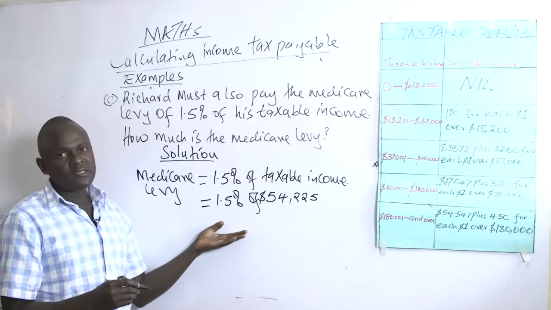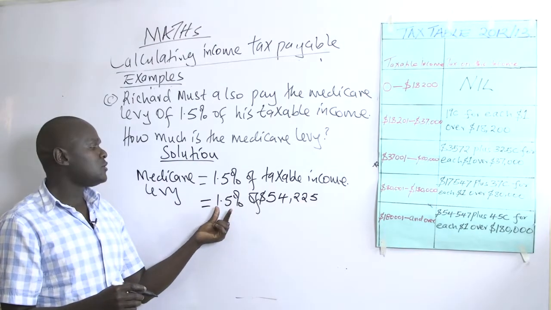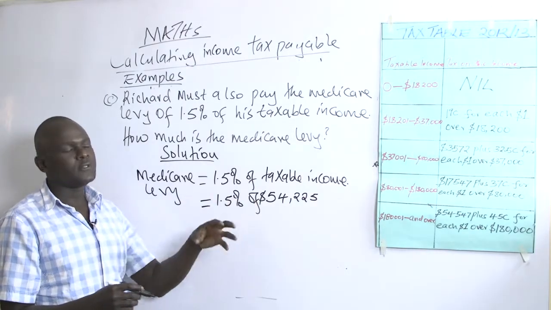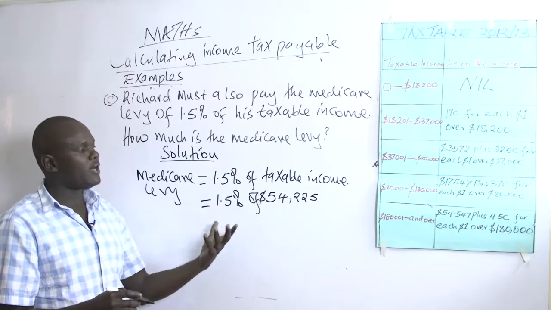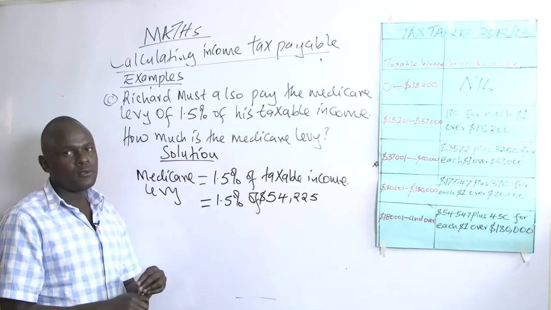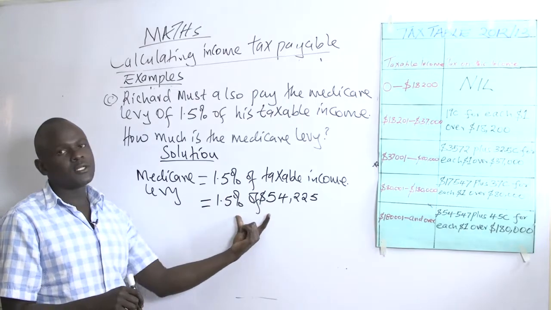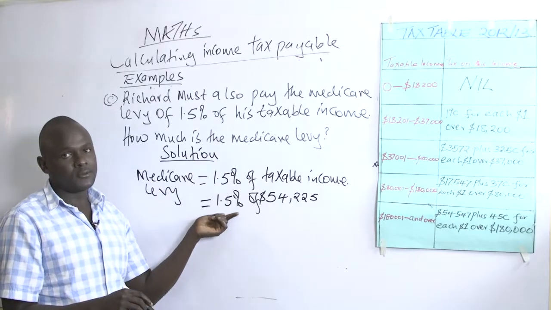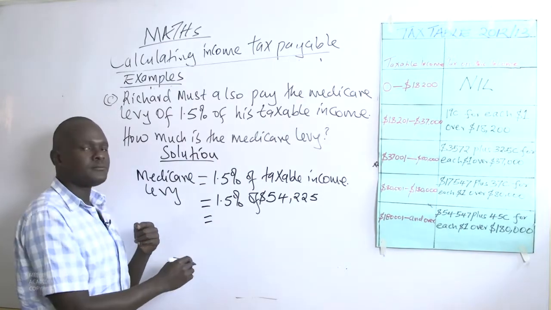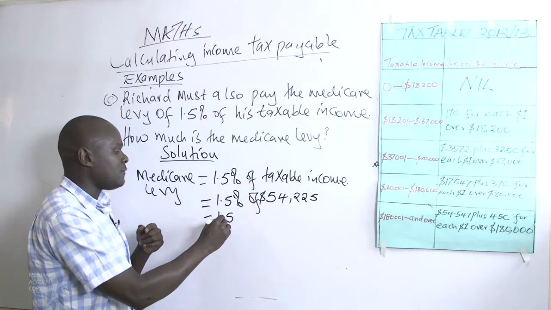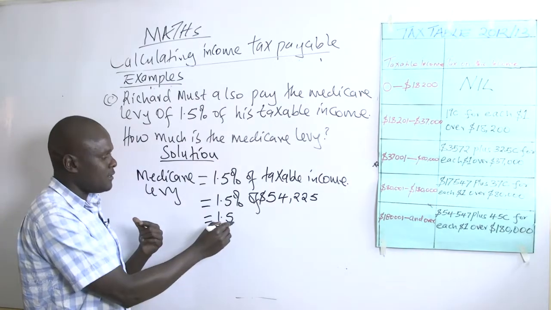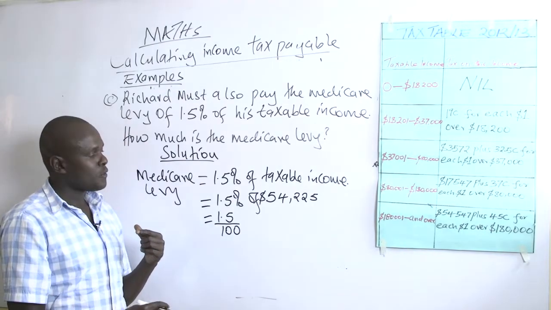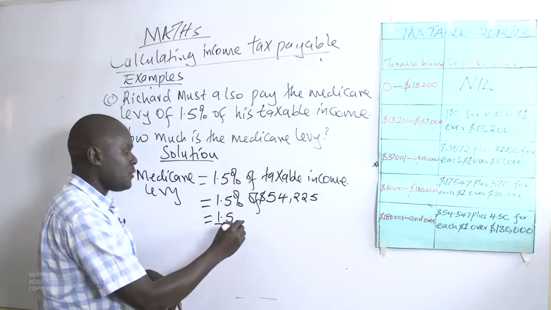When we reach this stage, basically this means we want to get 1.5% of this. Getting a percentage of given amounts or quantities we have learned in our previous lessons. And we said that for us to carry out this operation, we need to express this as a fraction or a decimal. 1.5% means 1.5 out of 100. And the word of means multiplication. This one you already know.